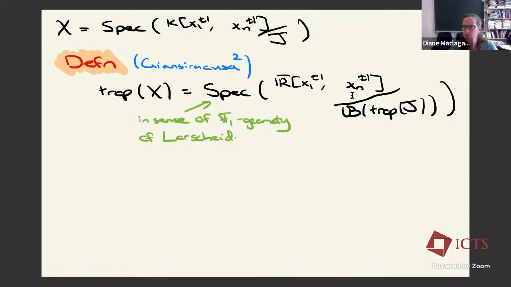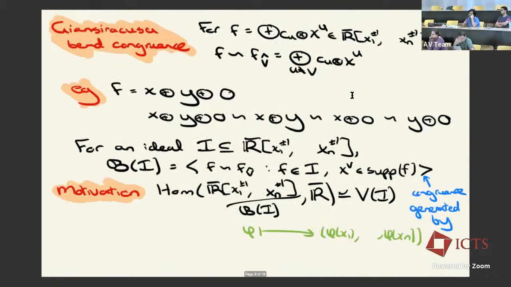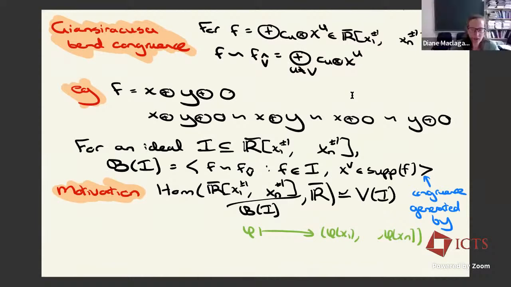Sorry, was there another question? Could you re-explain why, on the previous slide, Hom of that is isomorphic to V(I)? Right. A homomorphism to R-bar is determined by what it does to x1 up to xn.